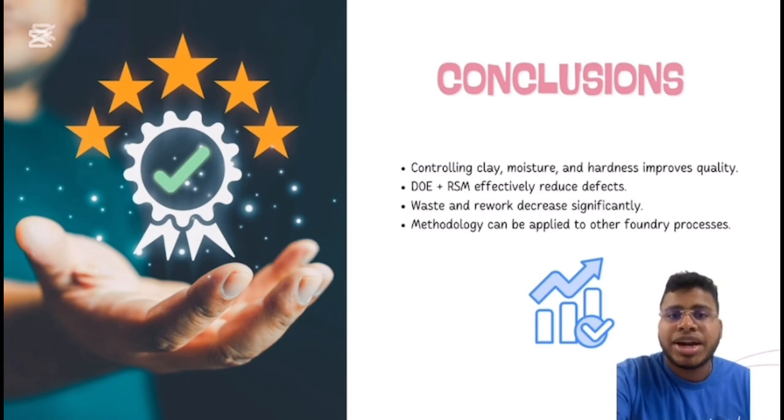With the optimized parameters, the foundry was able to decrease the number of defective pieces, reduce waste, and improve production efficiency. Finally, the methodology used in this study can be applied not only to this specific casting process, but also to other industrial processes that require quality improvement.